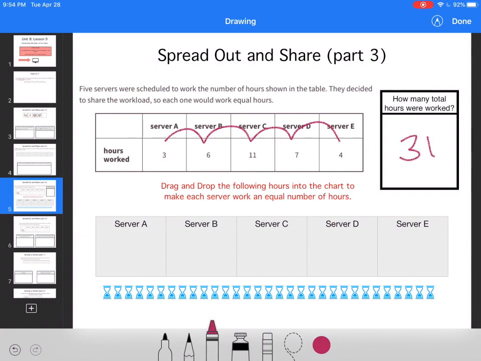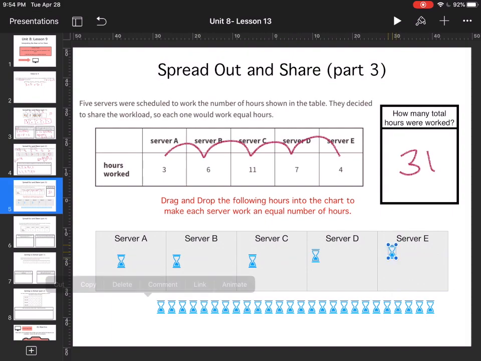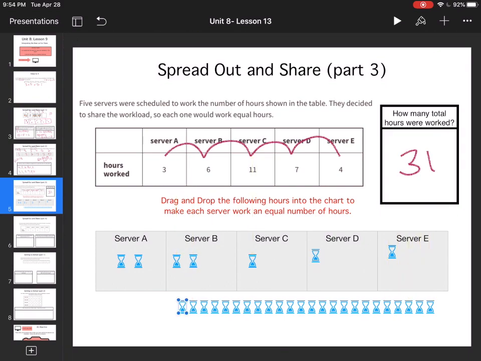So I have 31 hourglasses down here, and I am splitting them equally amongst the servers. So this represents 1 hour each. So I'm going to keep separating them because mean means fair share. So I want to give each person an hour in the same way.